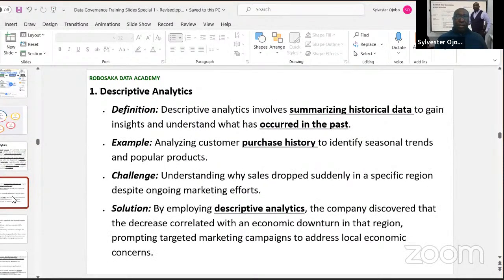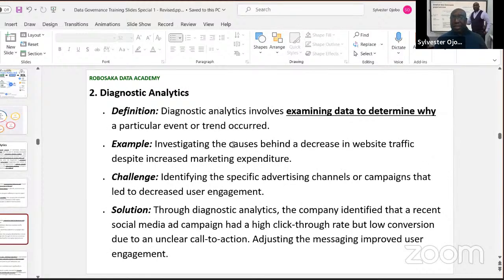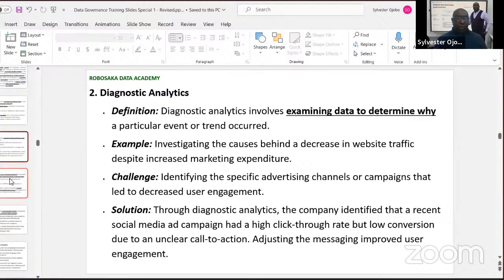And we mentioned the different aspects of analytics. On descriptive, we defined it and what actually occurred, examples, challenges, and solutions. We also mentioned diagnostic analytics, which examines data to determine why a particular event or trend occurred, with examples, challenges, and solutions.